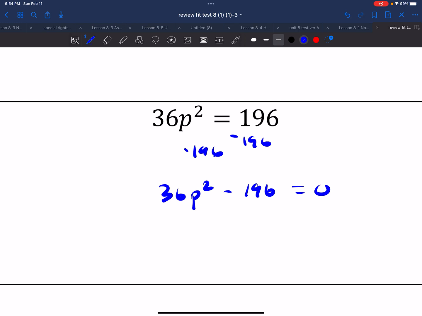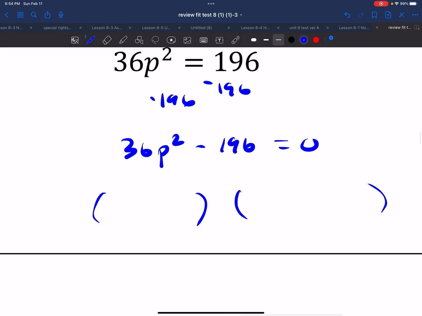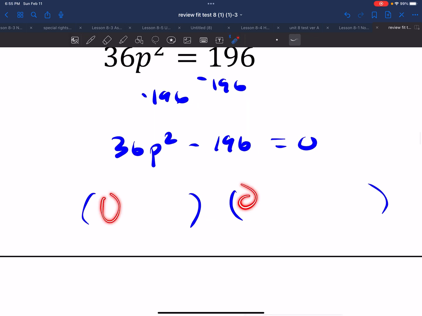factoring by the difference of two squares here. So remember, it's basically a pair or two sets of parentheses over here. And okay, what times what is 36? 6 times 6 is 36.